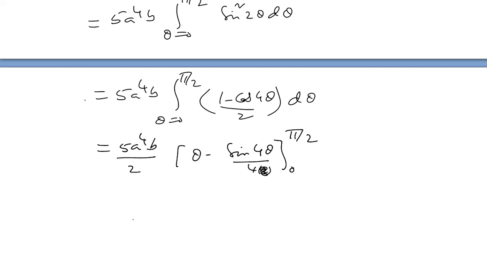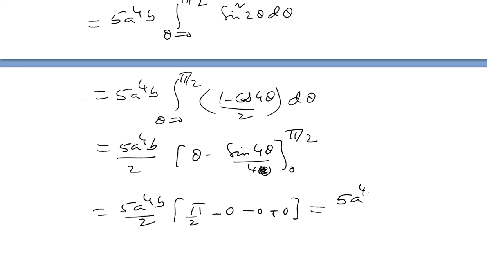Okay. 5 a power 4 b by 2 times pi by 2. If you put theta equals pi by 2, sin 2 pi is 0. If you put theta equals 0, both terms are zeros. So finally your answer is 5 pi a power 4 b by 4.